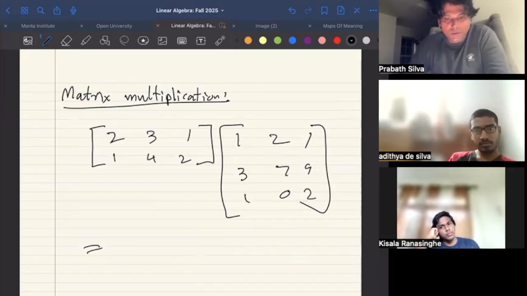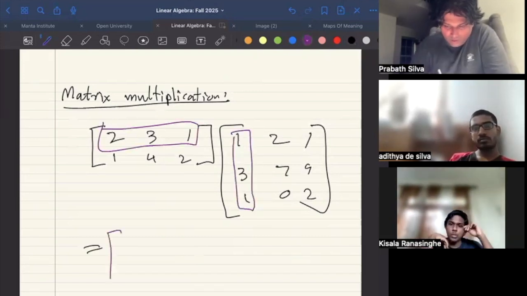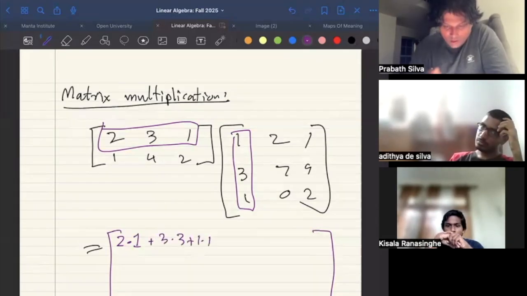So what you do is take this column and multiply with this. The first entry, you'll get 2 times 1 plus 3 times 3 plus 1 times 1.